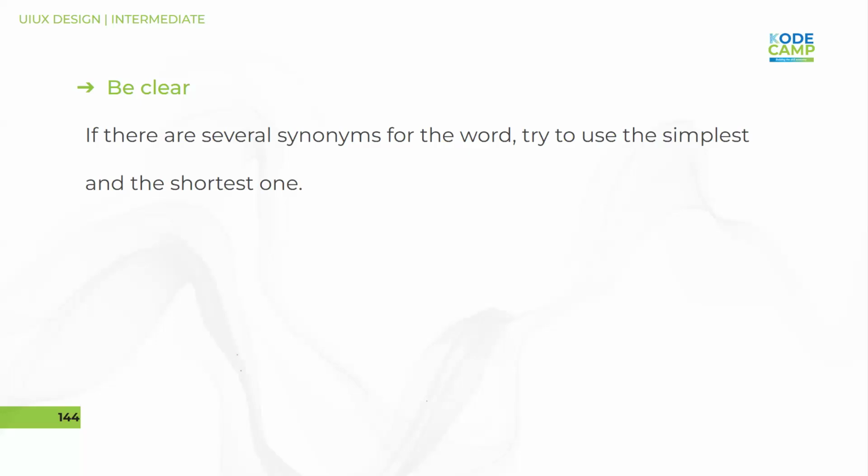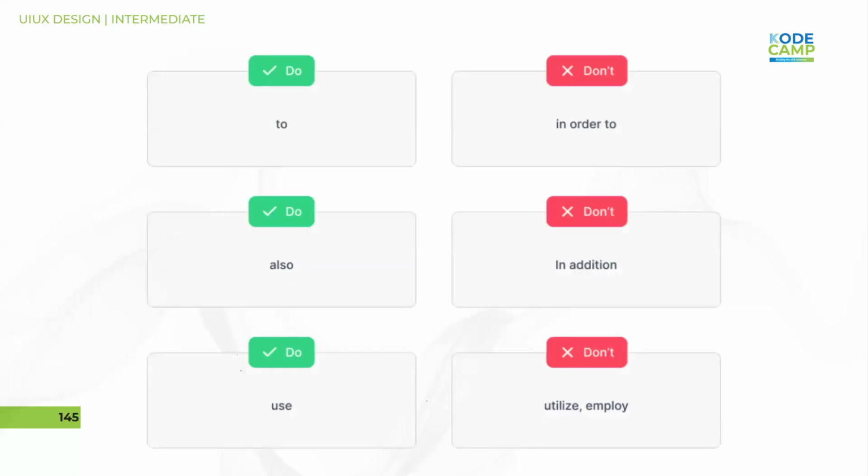Make it easy for your users. Be clear about what you are talking about. For example, we say "to," but instead you are now using "in order to." Also, "use," you are saying "utilize" or "employ." That is not necessary. Use "use."